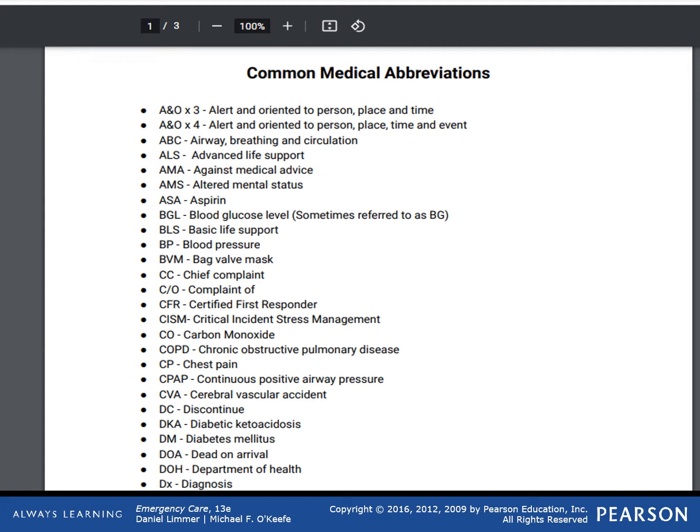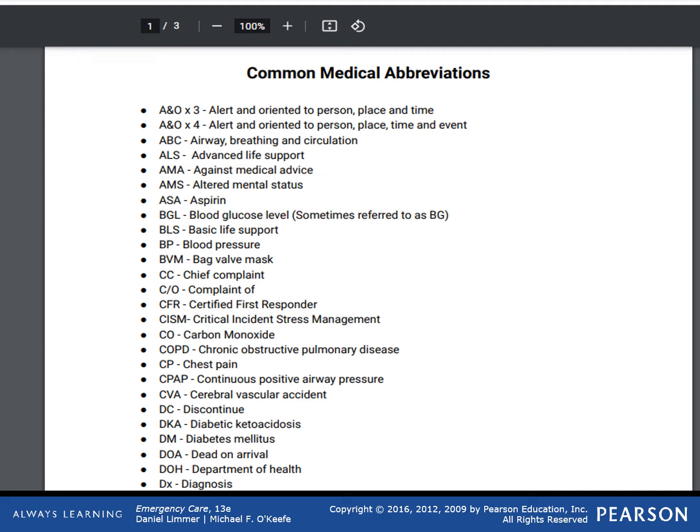The problem with using abbreviations, especially in documentation or any time when someone can't ask you for clarification, is sometimes it can mean something to the reader that it didn't mean to you when writing it. So we really try to stay away from using medical abbreviations, especially in documentation, just so we don't have any confusion between providers when we're reading each other's charts.